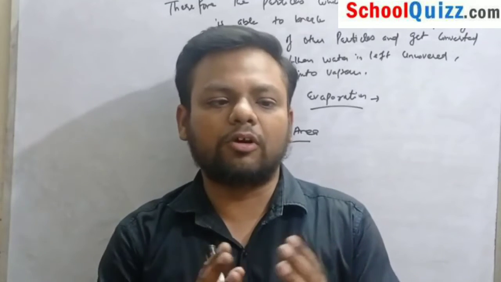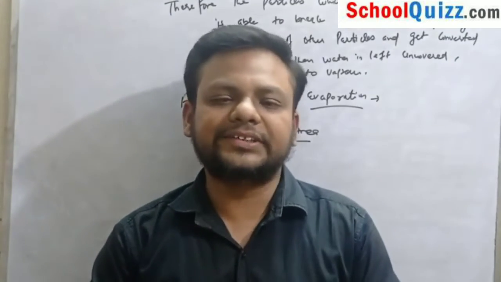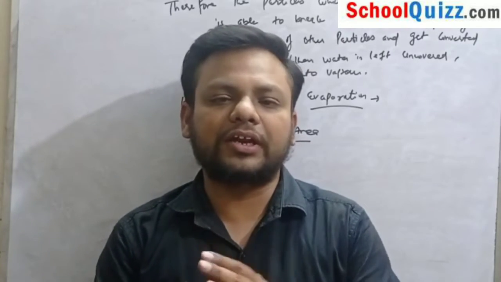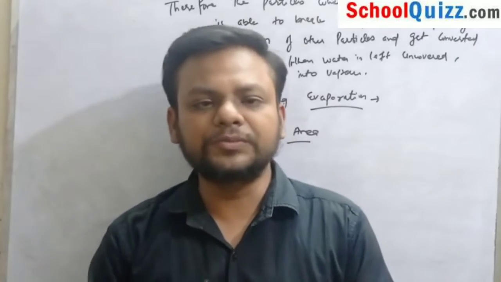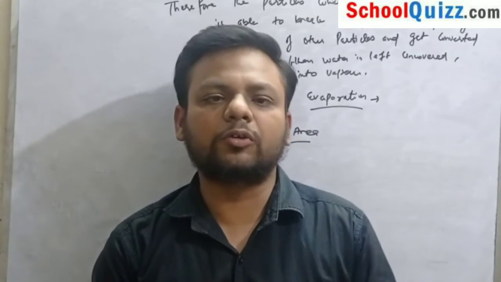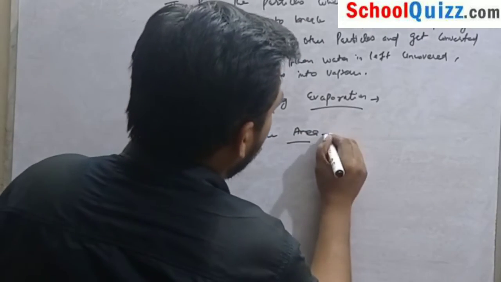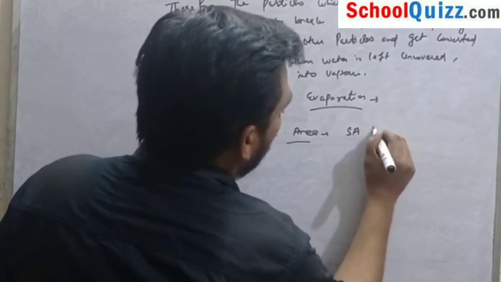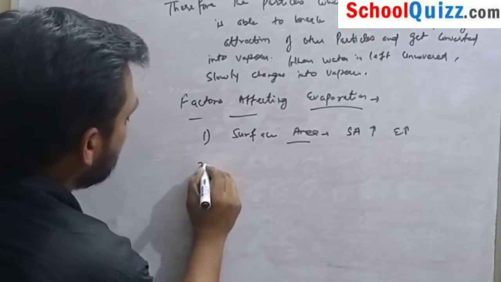Why is it so? Because with that the surface area increases and evaporation increases, and our tea, which was very hot, becomes less hot early as compared to in the cup. So as surface area is more, evaporation will be more.